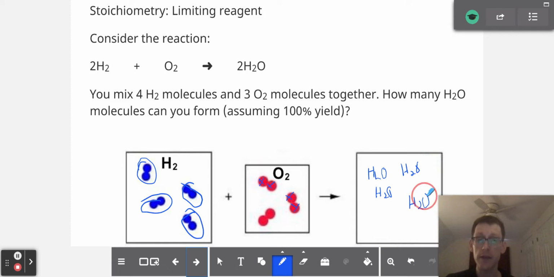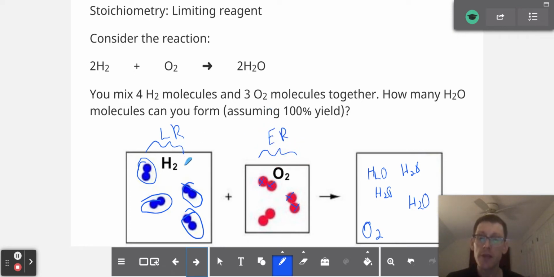Just looking at this, you can see there is O2 left over. So actually, we still have a little bit of O2. What we can say is that our H2 is limiting. This is the limiting reagent, LR. And the oxygen is the excess reagent, ER, if you will.